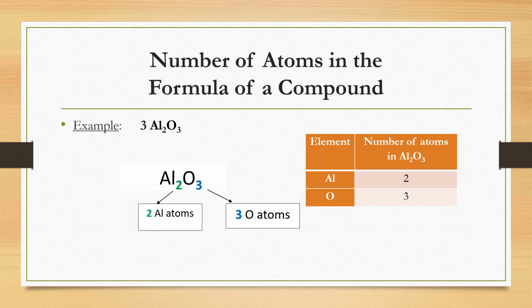We will first count the number of atoms in 1 unit of Al2O3. As you can see, the subscript 2 shows that there are 2 atoms of Al, and the subscript 3 shows that there are 3 atoms of oxygen.